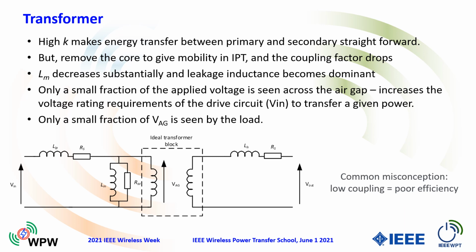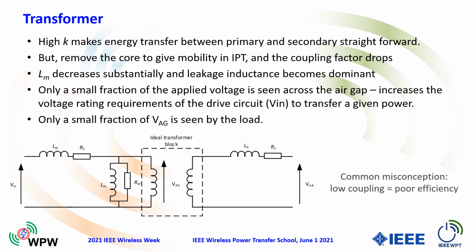And what you can see here is that as you put a voltage on the primary of this circuit, if the primary leakage inductance is very low, then almost all of the input voltage is applied across the air gap and therefore can be used to transfer power to the secondary. If, however, the coupling factor is decreased, the primary leakage and the secondary leakage inductances will increase, the magnetizing inductance will decrease, and consequently only a small fraction of the input voltage appears across the air gap.